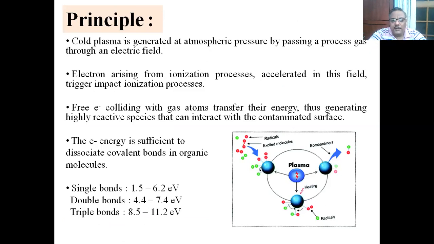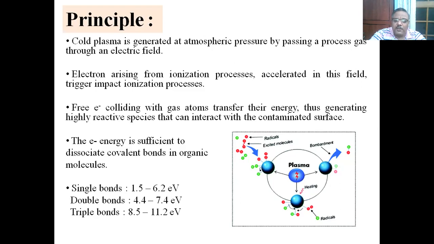The principle is that cold plasma is generated at atmospheric pressure by passing gas under the influence of an electric field. The electrons arising from the ionization process are accelerated in this field and trigger impact ionization.